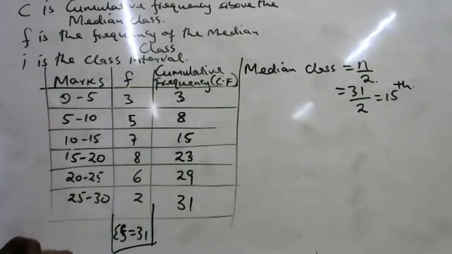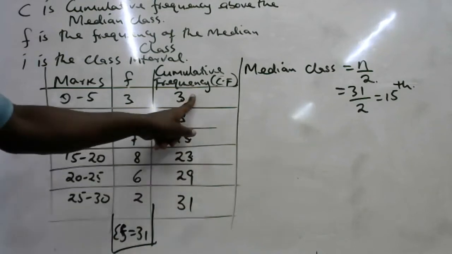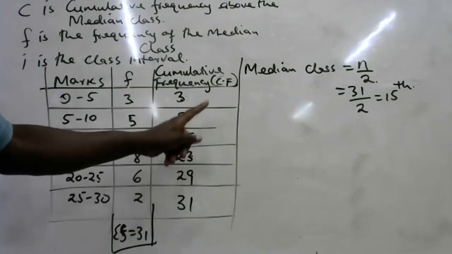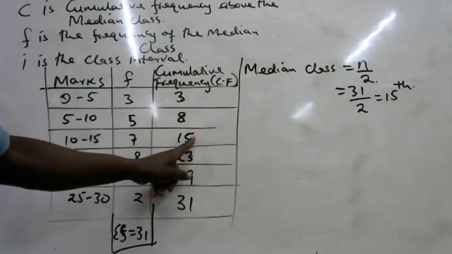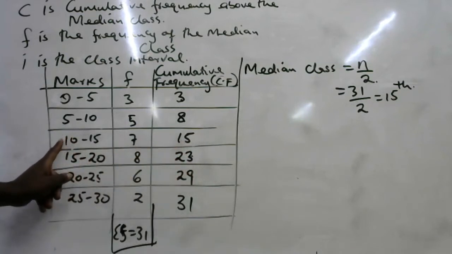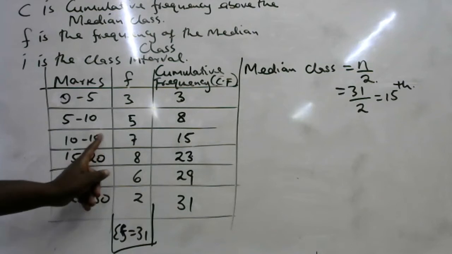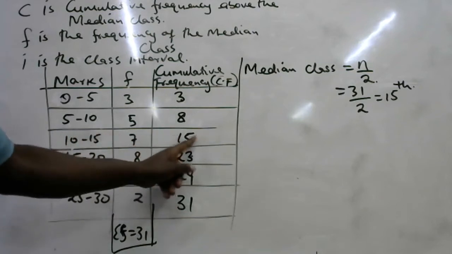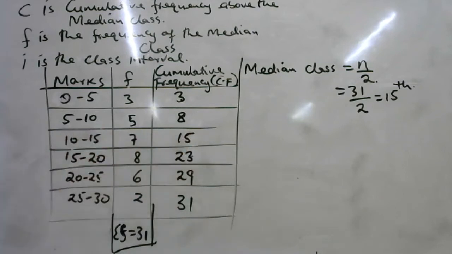So where will be the 15th student? If these are the first 3, the first 8, the first 15, we have the 15th student. The score of the 15th student is between 10 and 15.